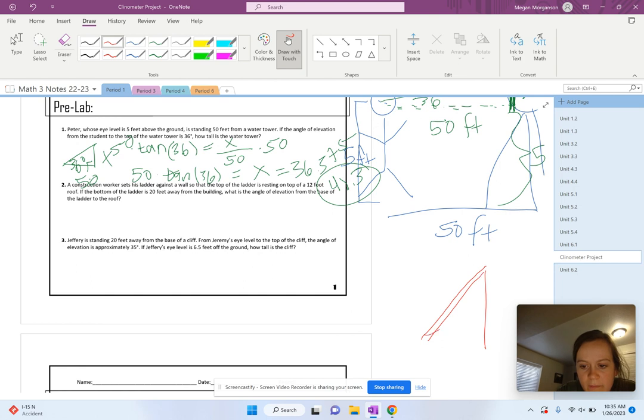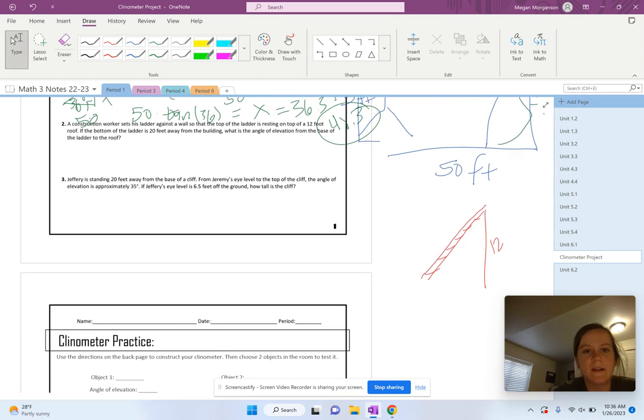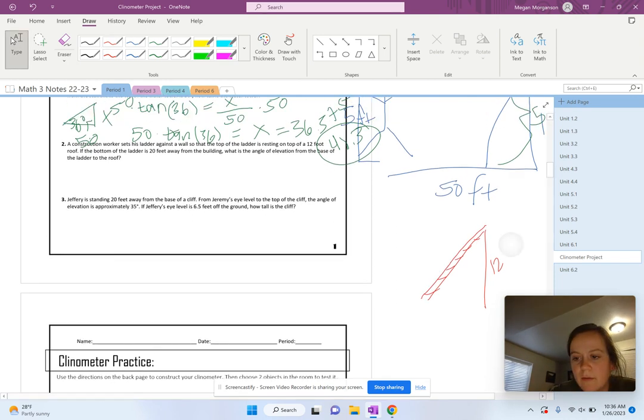Okay, here's our ladder. So this is 12 feet. The ladder is 20 feet away from the building. So this is 20 feet.